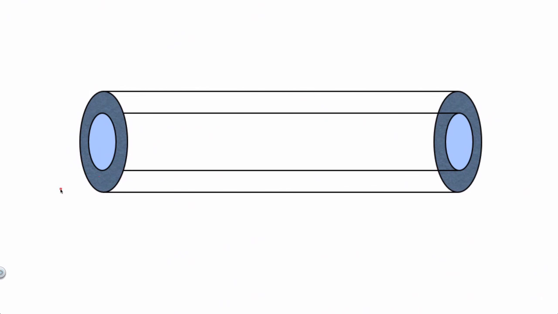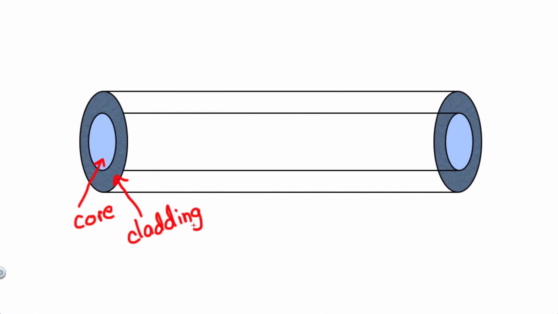Let's label these. We've got the core, and we've got the cladding.